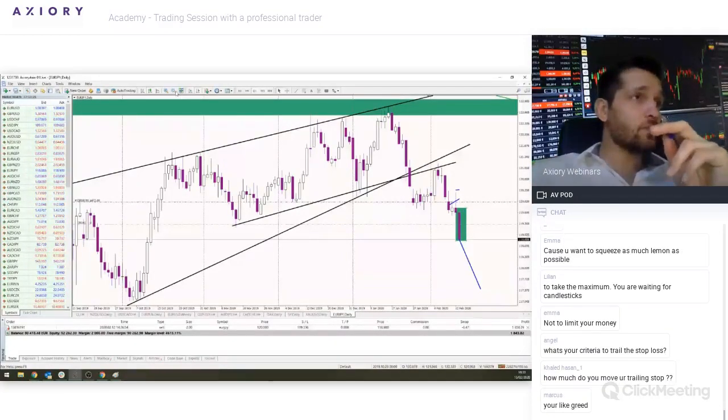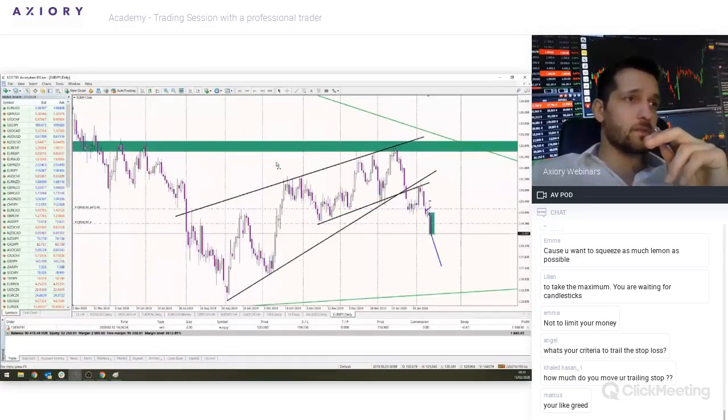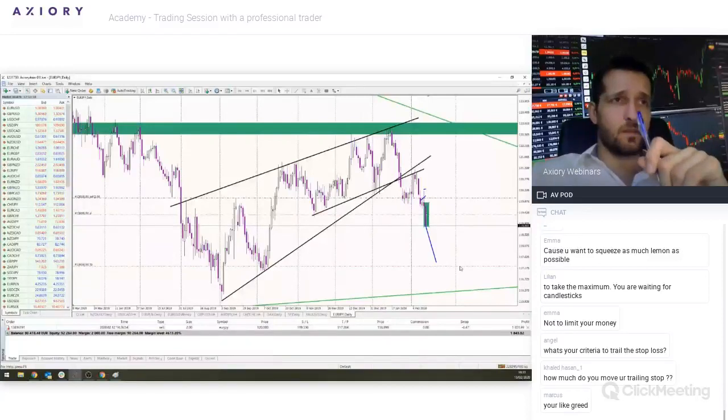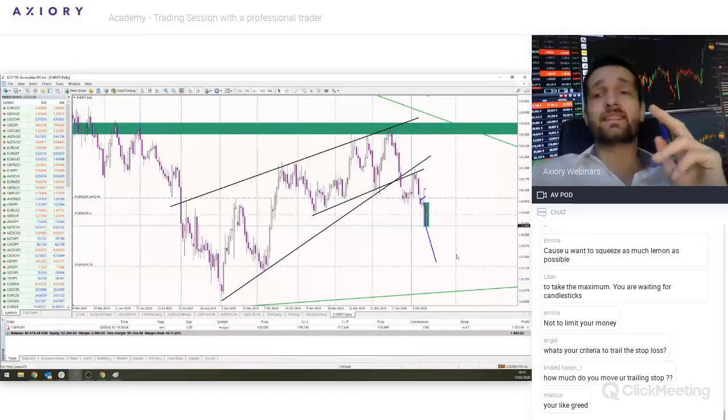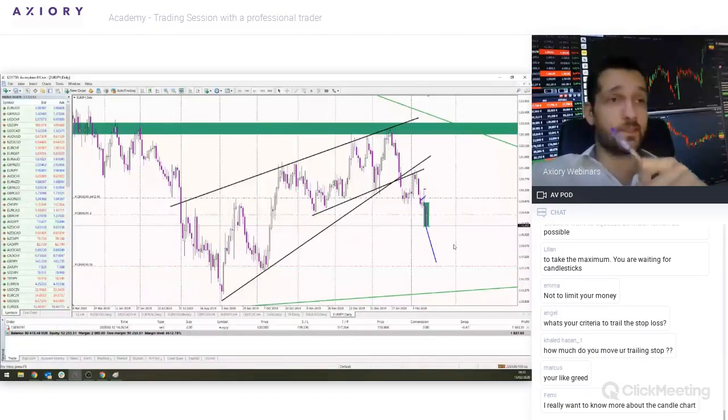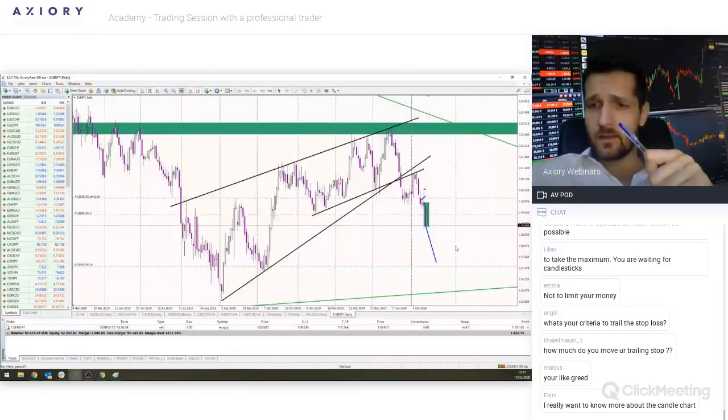If I had to have a stop loss order, I would consider this line or this line. So, for example, here, 4,000 euros, which would make a really sweet risk to reward ratio. Really? Oh, I like greed. No, I don't like greed. As you can see, I open really small positions, so I'm not greedy.